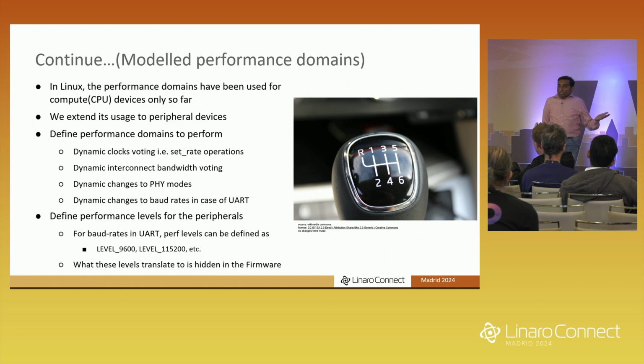It could be a frequency. We could use a frequency value for it, or we could just use some abstract value for it. Yeah, you can use the indexes. We can use indexes as well, but we are not using indexes as of now. But yes, that is an option. We could use even abstract values 1, 2, 4, 5, whatever. You can, yes. And what it translates to in terms of clock, that's all hidden in the firmware.